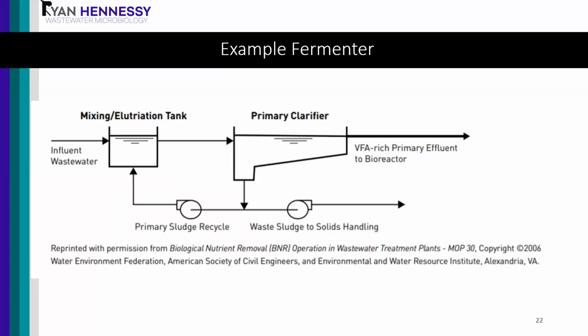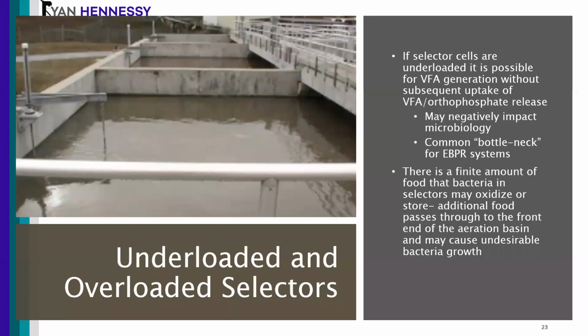So there's a lot of different versions of fermenters, and basically for plants that have a fermenter, the longer you keep that sludge in the fermenter, the more you're going to promote septicity and the formation of volatile fatty acids.